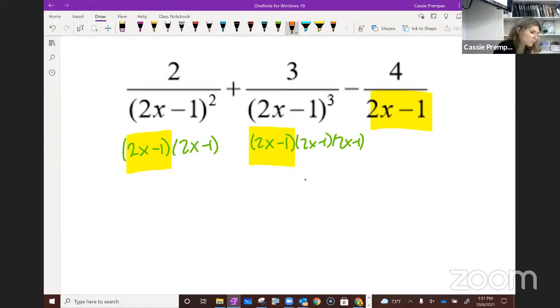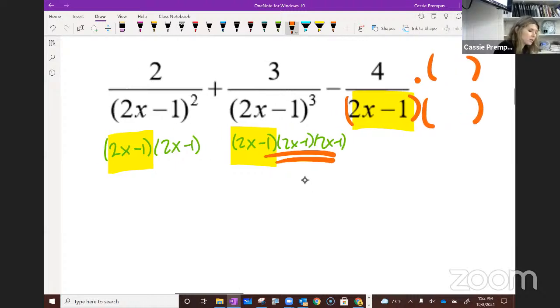And when you're looking at what's missing, go to the biggest denominator. Here I have 2x minus 1 times itself times itself. There's 3 of them. So obviously I only have 1 if I'm looking at the fraction to the right. How many additional 2x minus 1s do I need in order to create the same denominator? 2. So I would need to multiply this by 2x minus 1 squared over 2x minus 1 squared.